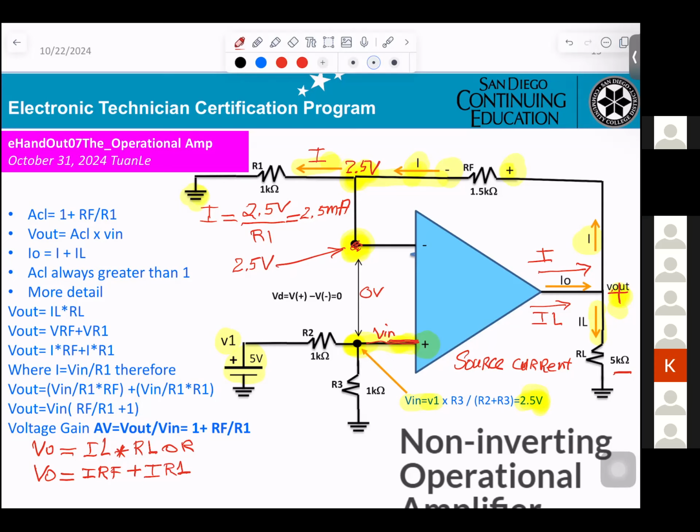What does V in equal? Wasn't that 2.5? Okay, we try to get the formula.